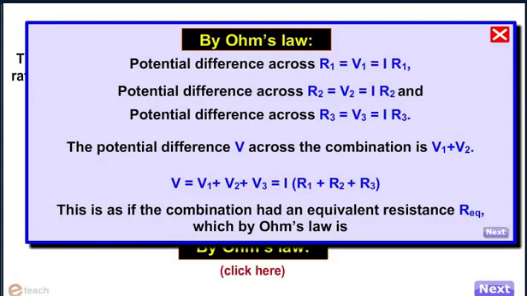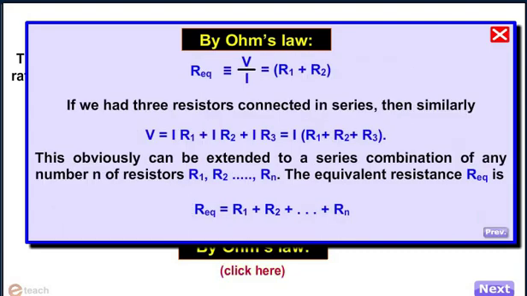The potential difference V across the combination is as shown. Now this is as if the combination had an equivalent resistance R equivalent, which by Ohm's law is R equivalent equals R1 plus R2.